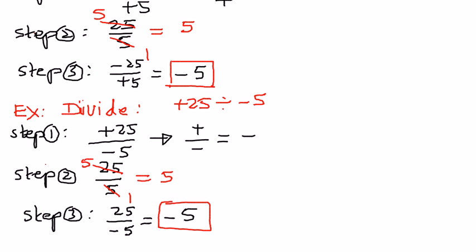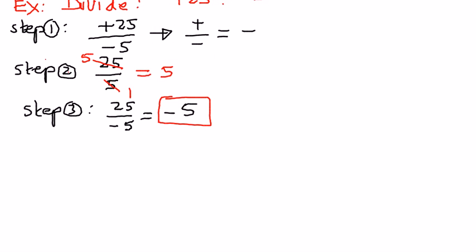Let me explain one more example when both the numbers are negative numbers. In this example, we have negative 25 divided by negative 5.